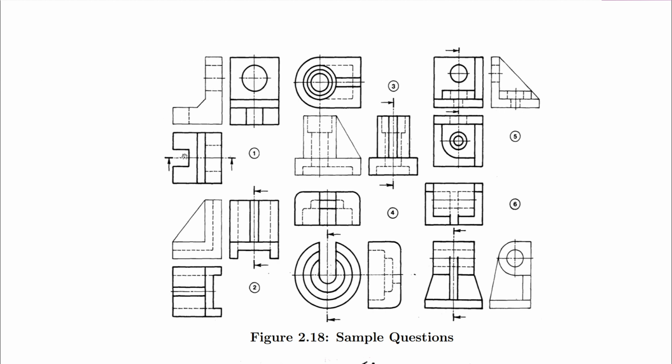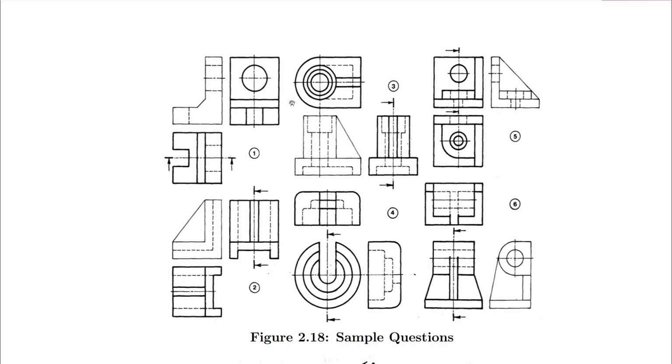In this case, we have a plan here. There are two views above, so we know that this could be the front view and this could be the end view. If this is the plan, then we can say it is first angle projection. Similar to this one here too. We have three views, two above, one below. This is the plan, this is the front view, this the end view. First angle projection.